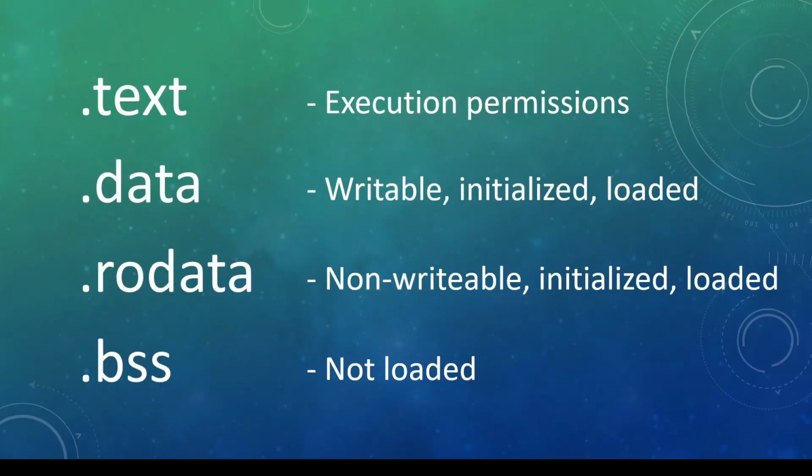Now you might be asking yourself, why do we even need to bother separating those different types of variables or code into different sections? Why can't we just throw them together into one place? So the answer is, each one has special attributes that we need to take advantage of and special constraints that we need to take care of. The .text includes our code, and we want to put the code in pages that have execution permissions.